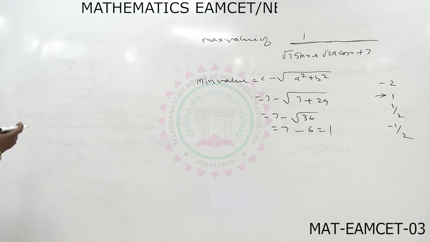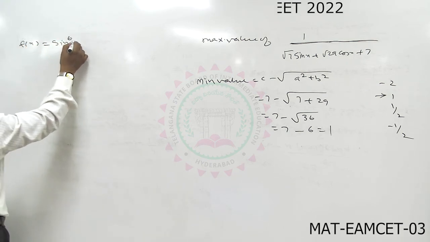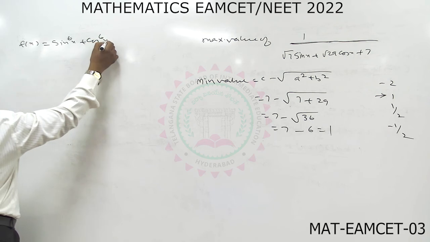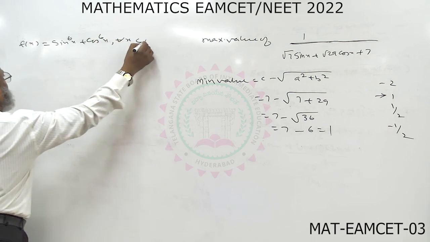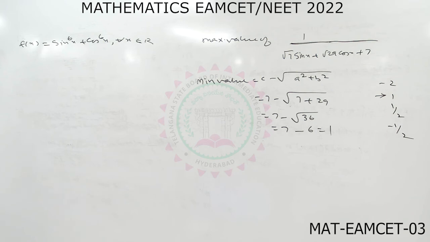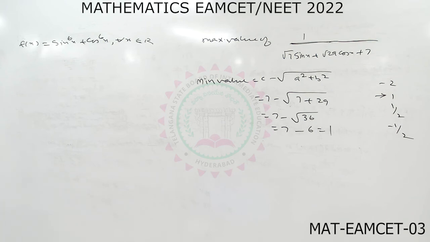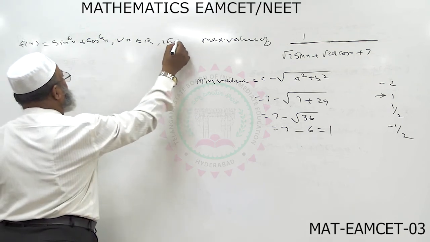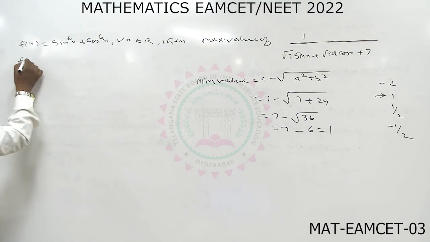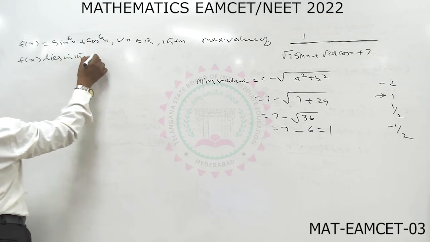f of x is equal to sin power 6 x plus cos power 6 x, for every x belonging to R. For every x belonging to R, then f(x) lies in the interval.